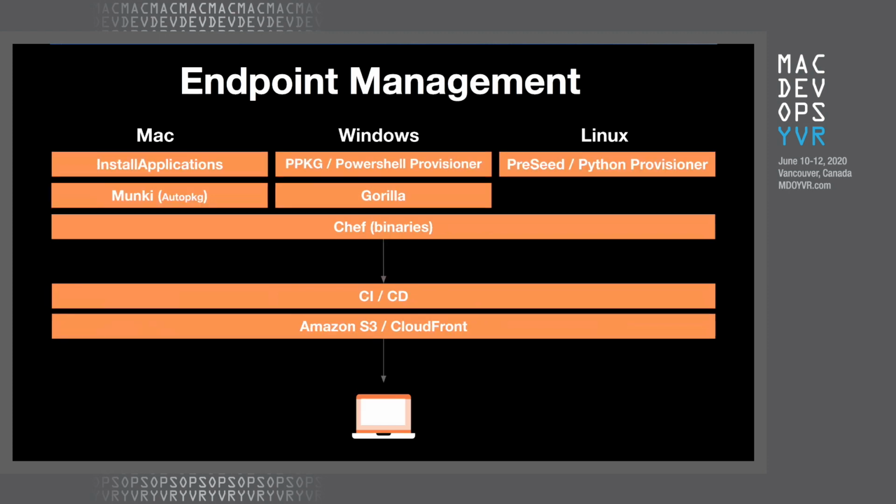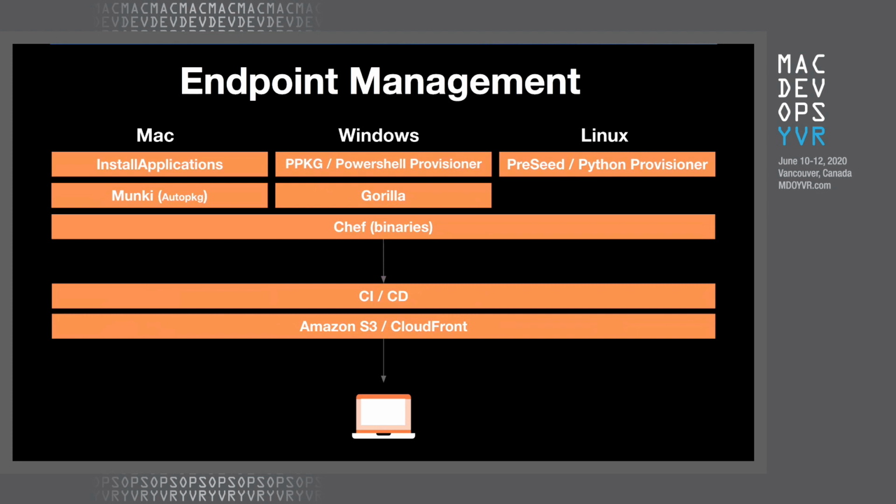But one other thing is, how do we ensure what we write is actually what is deployed to the machines? Well, a lot of our tools are in a Git repository. Actually, all of them are, but there are various types of Git repositories. But our install applications, our PPKG, PowerShell provisioner, the preseed and Python provisioner, Monkey, AutoPackage, Gorilla, and Chef, they're all in Git repositories.